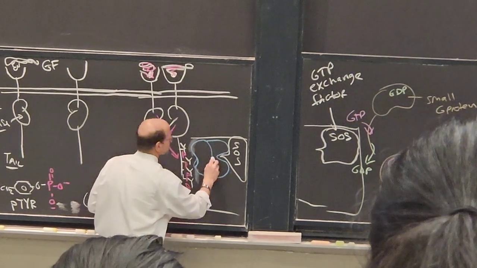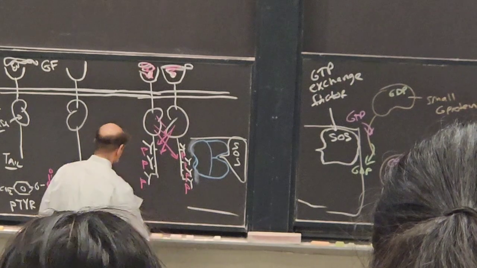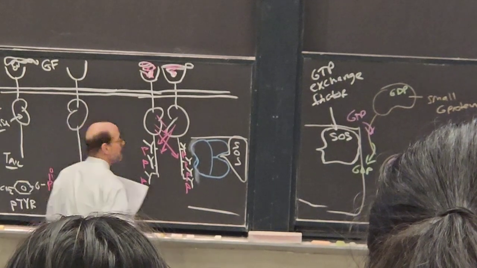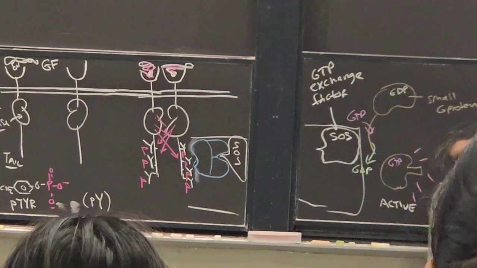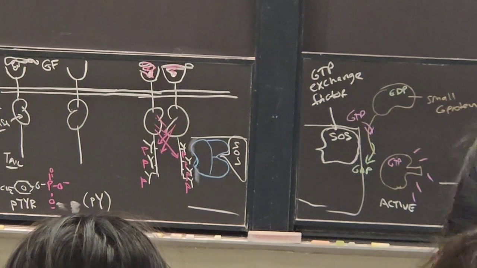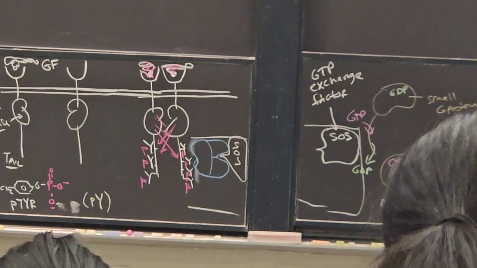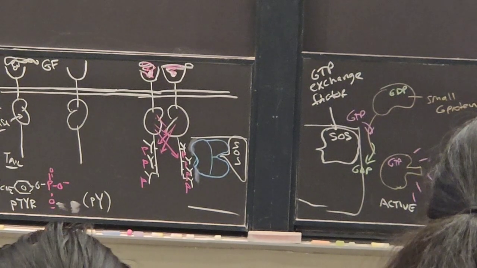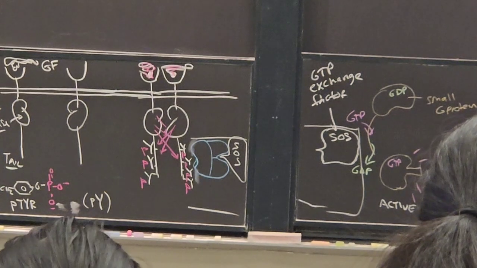And the way I'm going to do this is I'm going to use modular protein domains. Okay? I'm going to use protein modules to do this. Protein modules, or protein domains.